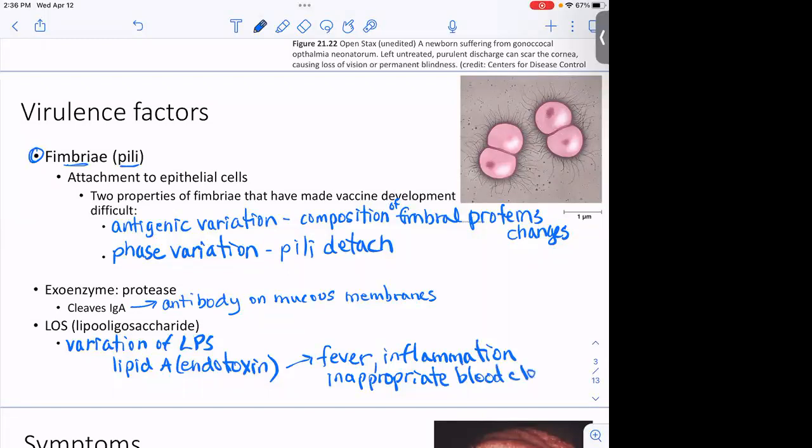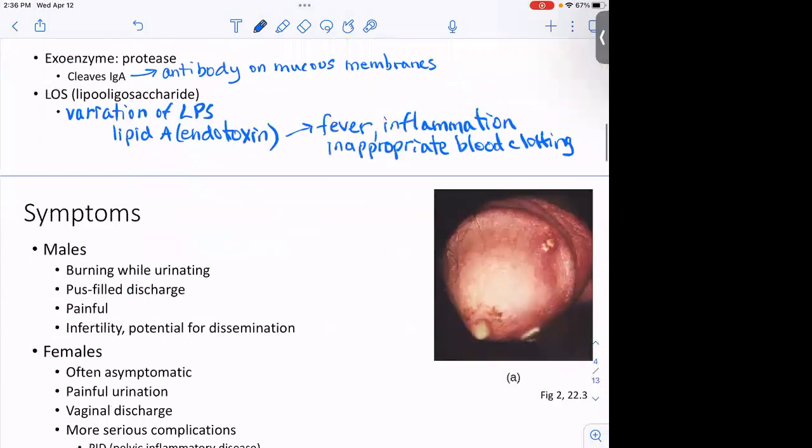We see that manifest a little bit more in Neisseria meningitidis, but it will cause clotting in places that don't need to be clotted, and that uses up all the clotting factor in those places, and other places in the body that need to clot the blood then are not able to. So that's, again, endotoxin, part of that variation of LPS. No exotoxins per se for this organism.